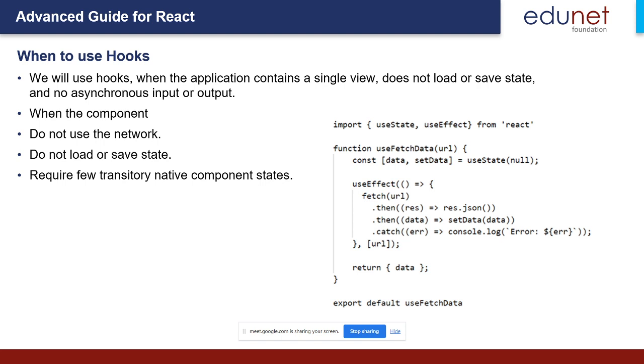So when the component does not use a network, does not load or save the state, requires a few transitory native component states. Okay. So for that particular time, we can go for hooks. These are the important things. So again repeat, when the application contains a single view and does not load or save the state, and no asynchronous input or output, then we can go for this.